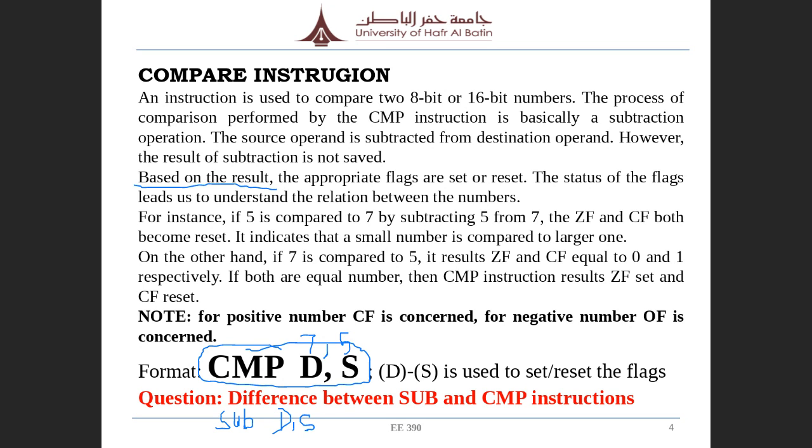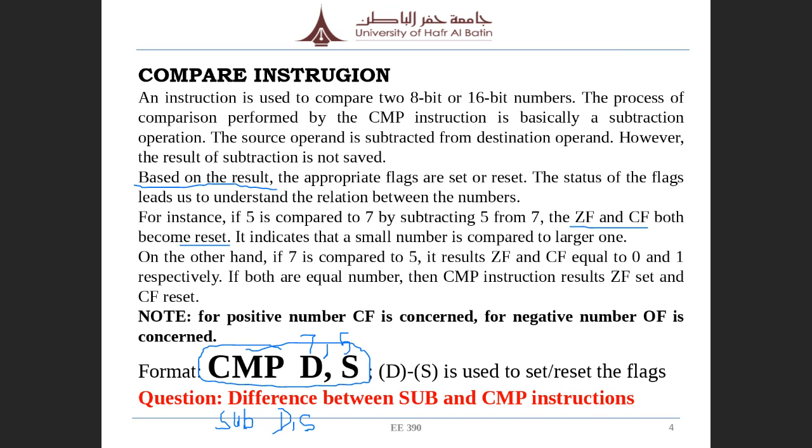So 7 minus 5: a small number is subtracted from the bigger number. Definitely no borrow will happen, so the carry flag will be reset. Also the zero flag is reset because the result is not zero. Zero flag and carry flag are both reset. It indicates that a small number is compared to a larger number.